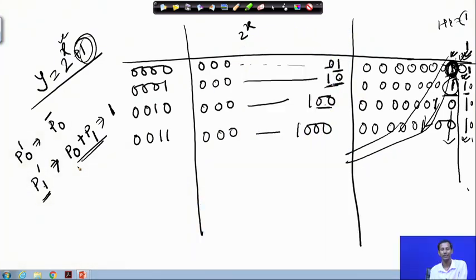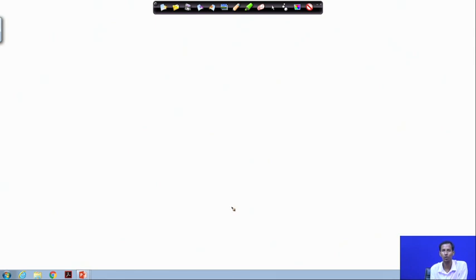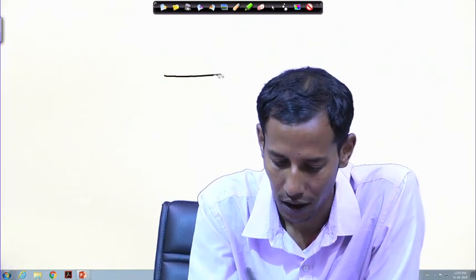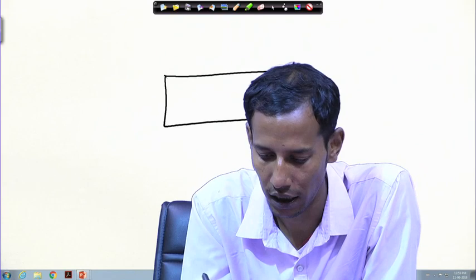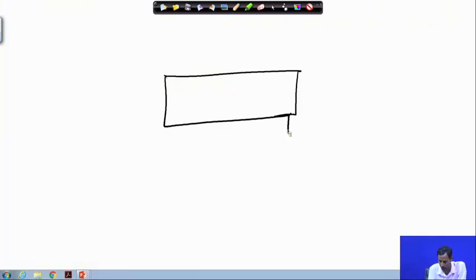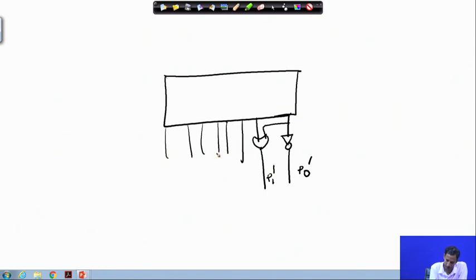So, what will be the corresponding architecture for this? If you draw the architecture of this, you require one of this, this is the P0 modified, this is P1, and the rest are just the same.